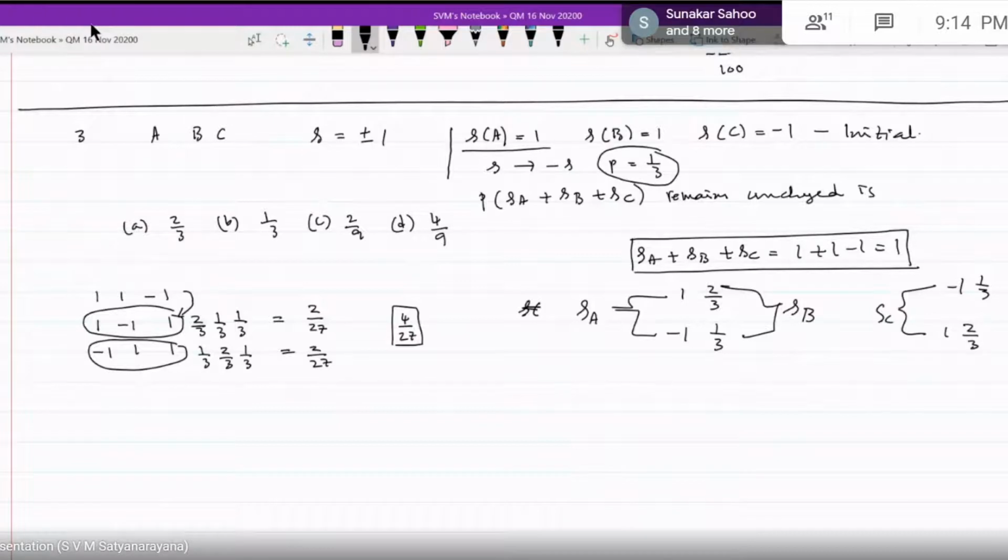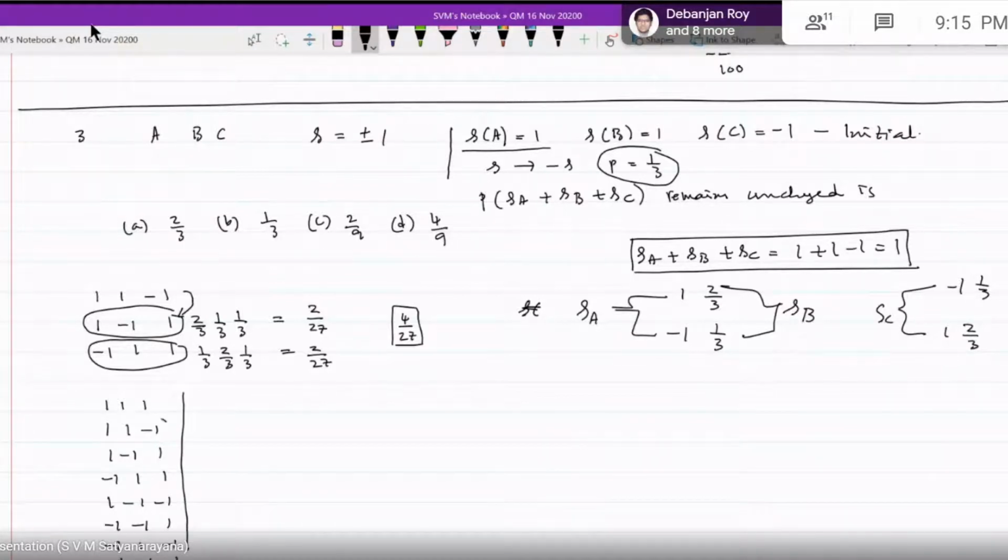Correct. So there are 8 permutations: 1 1 1, 1 1 minus 1, and so on, down to minus 1 minus 1 minus 1. These are the 8 possibilities.